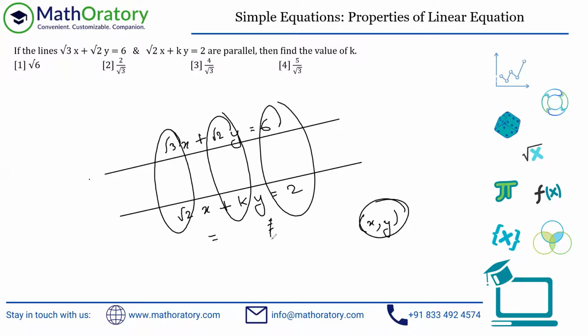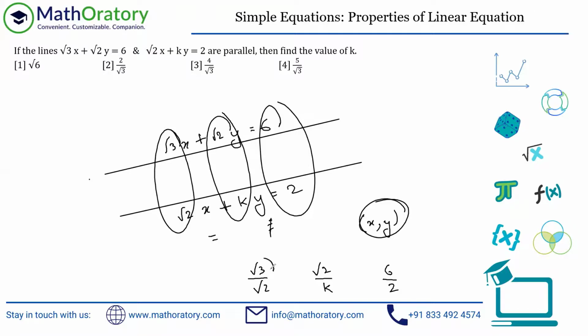Then only that will be indicating parallel lines. So in this case, the coefficient ratio of x is root 3 upon root 2. The coefficient ratio of y is root 2 upon this k, which is what we are looking for. And the constant terms are in the ratio 6 by 2.